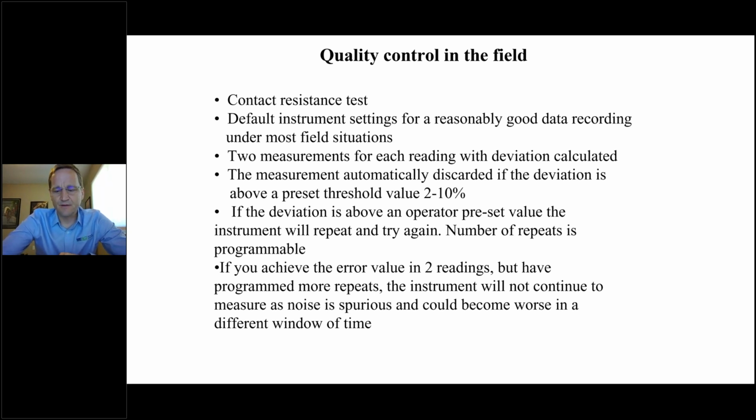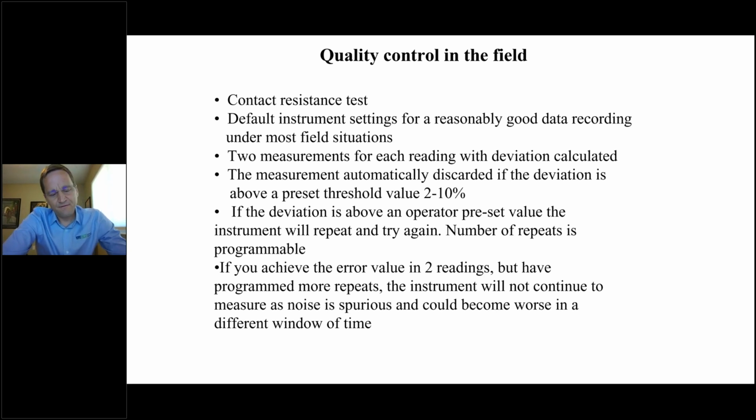There are some instruments out there that do that. Ours does not, and it uses a more rigorous standard deviation. So something on the order of 2% is reasonable for a clean site. And this noise is spurious.